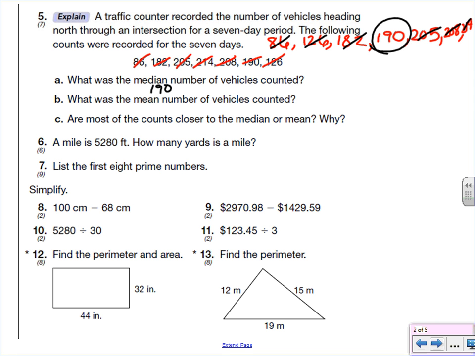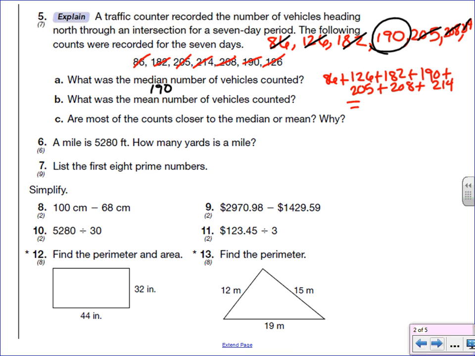What was the mean number of vehicles counted? To find the mean, we add up all the numbers and divide by how many there are. So we are going to take 86 plus 126 plus 182 plus 190 plus 205 plus 208 plus 214.